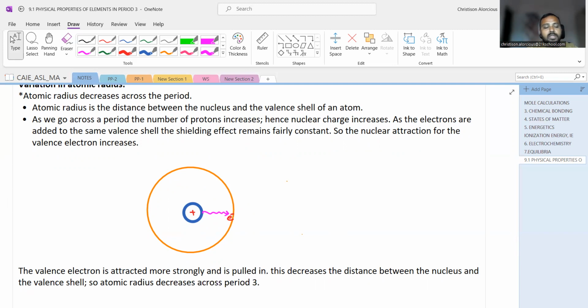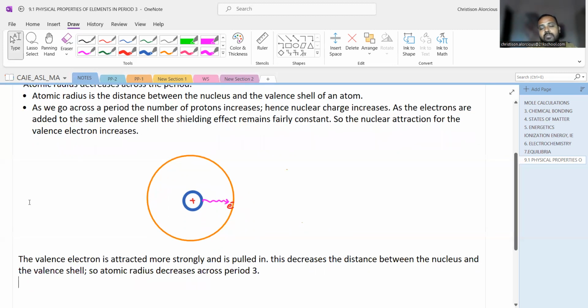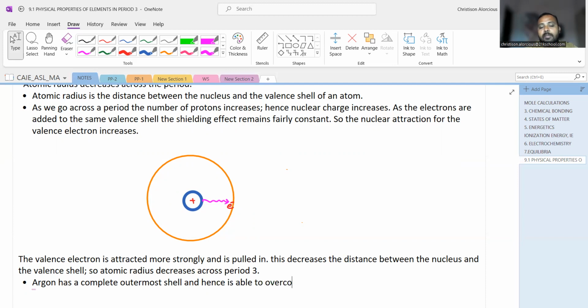Now, as far as AS chemistry is concerned, we just say that argon has a complete outermost shell and hence is able to overcome or escape nuclear attraction.